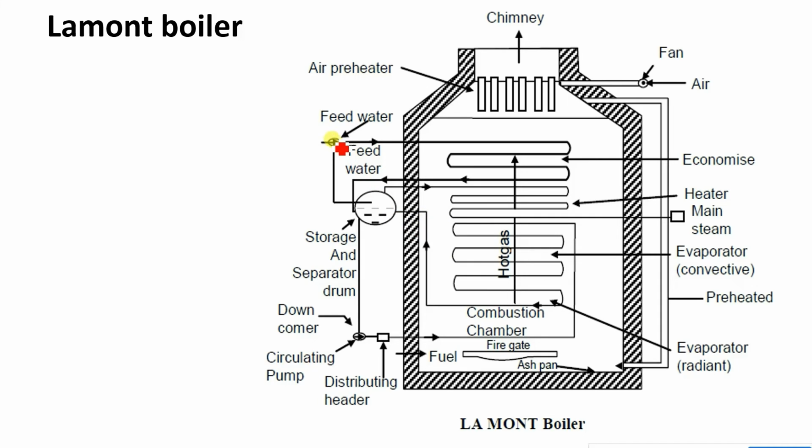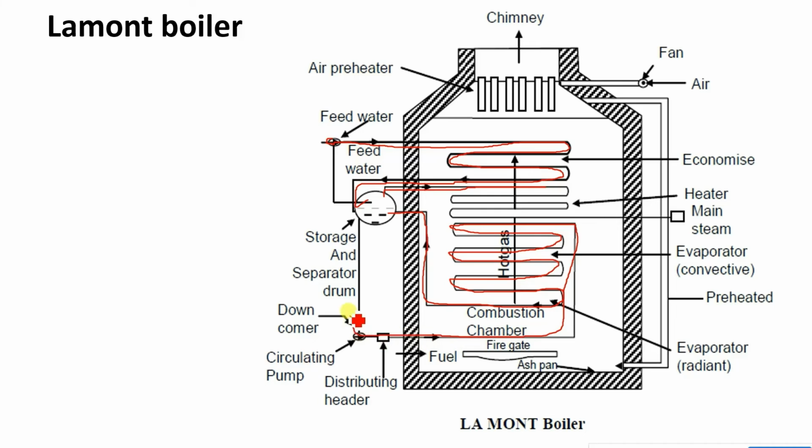First, water from the feed check valve enters the economizer where the water is preheated, and this preheated water is stored in the separating drum first. Then this preheated water is supplied to the evaporator where the water gets converted into wet steam.